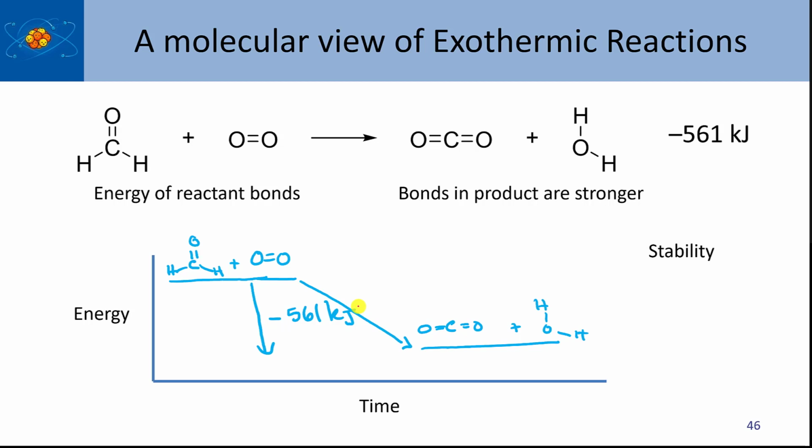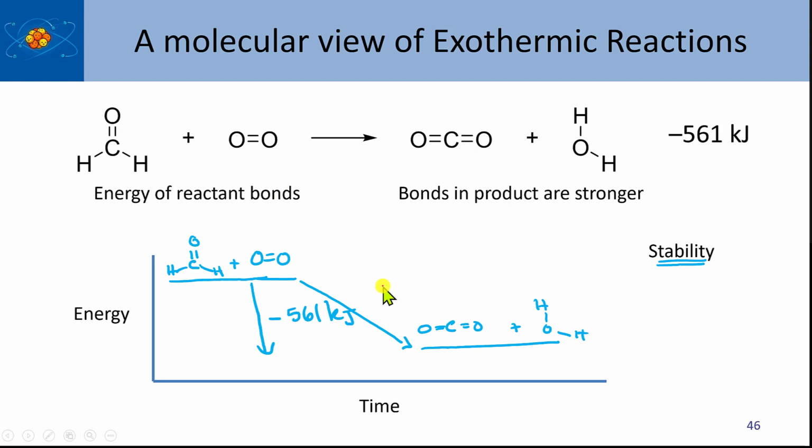Now, what's going on, right? Why would these be lower in energy than these? And the answer is this: stability. These products are more stable because their bonds are actually overall stronger than the bonds that are shown over here.